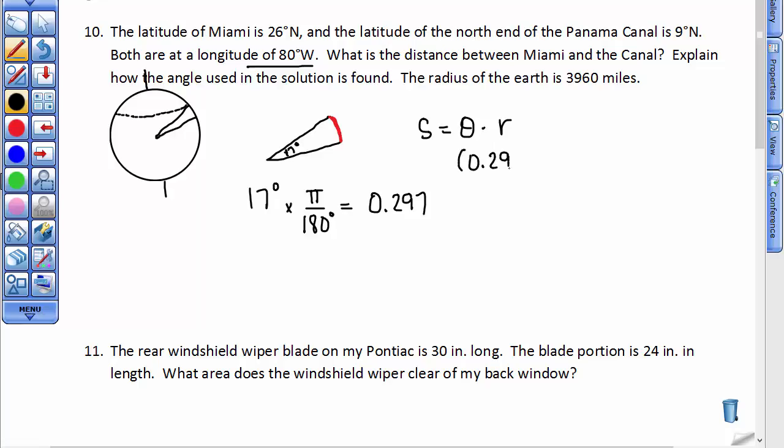So I might not just use 0.297, I might use 0.2967059728 times the radius of 3,960 miles. And the distance then from Miami to the Panama Canal, I'm just checking, is pretty much 1,175 miles.